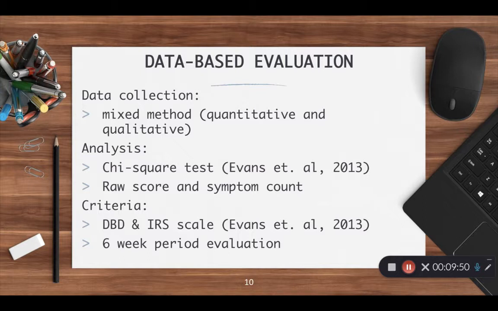A good way to do it would be a 6-week period evaluation. It would start at the beginning of the year in August and go on to the end of the year in May. Within that 9-month school year, you're able to assess it even further during a 6-week period evaluation.